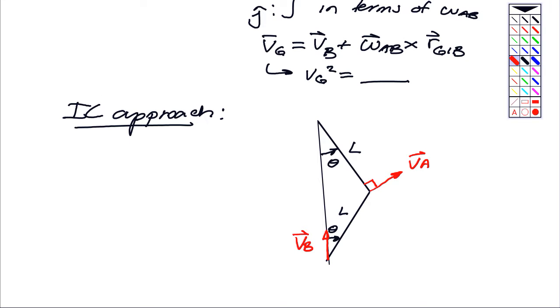So if I construct the perpendiculars to line VA, and construct a perpendicular to line VB, well, where they cross is going to be, that doesn't look very good, so let me try that one again. Where they cross is going to be the instant center for bar AB, which I will call C.